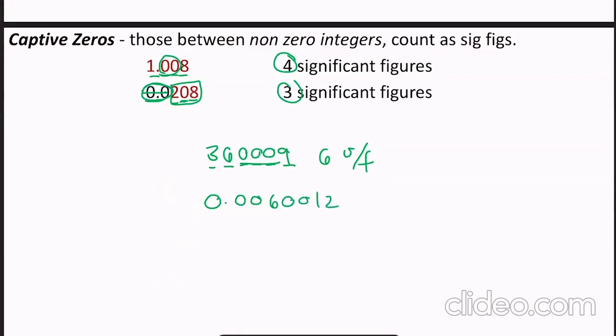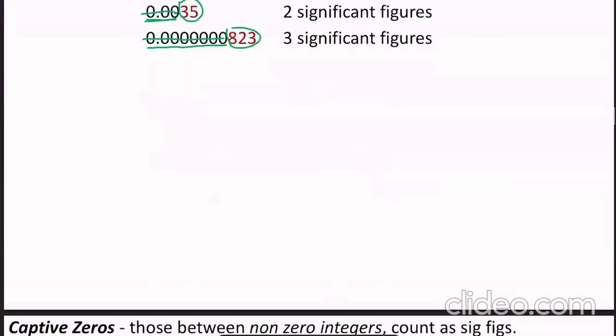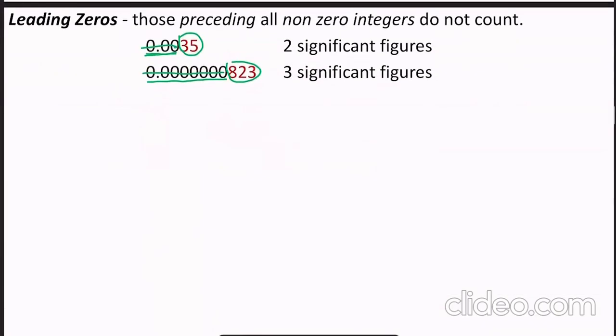I don't ever have to include leading zeros, but these are captive zeros, and I do have to include them. 1, 2, 3, 4, 5, five significant figures.